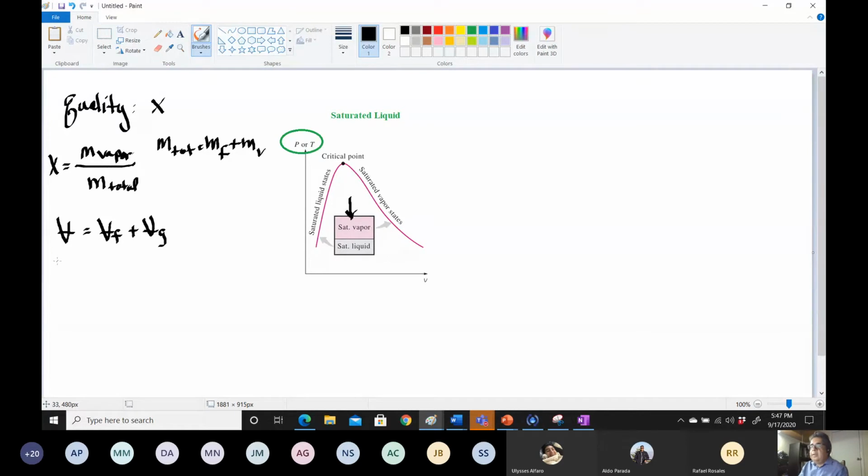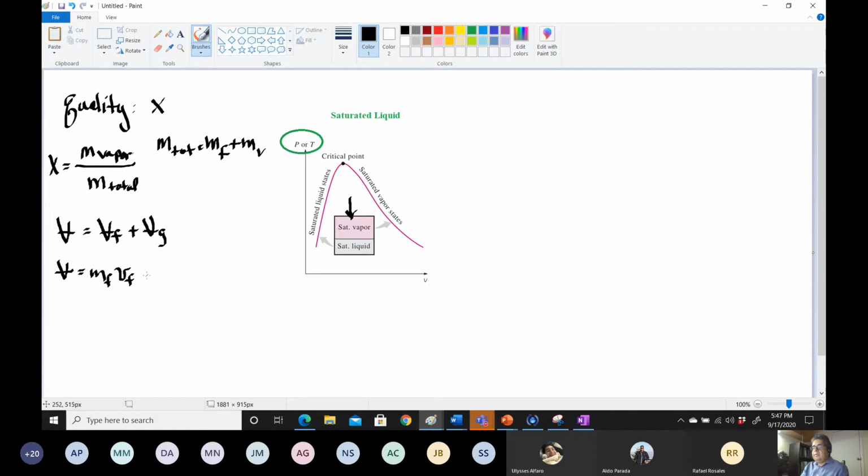All right, and thereby we know that the volume of the liquid is equal to m, the mass of the liquid, mf, times the specific volume of the liquid. Right, the specific volume is basically meters cubed per kilogram. This is what we've been doing here all along, right? That's why we use specific volume.